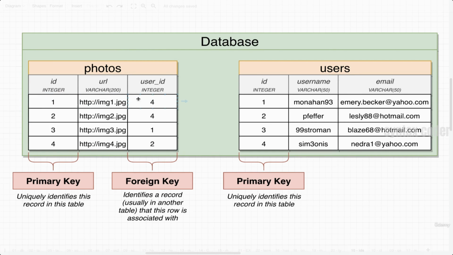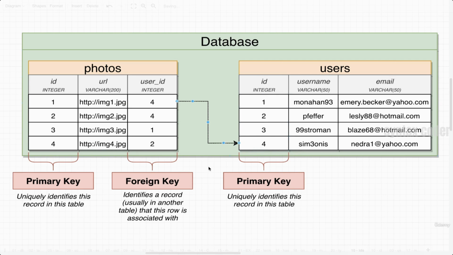So in this case, we would say that this row and the second row right after it belong to or are somehow owned by or are somehow related to the user with ID 4. So over here inside of our users table, we have a primary key column as well called ID. So we would look up the user with ID 4 over inside that table.